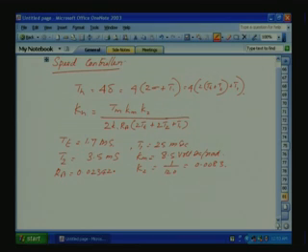Okay. Now, what is the filter gain K1? And we know that the base speed RPM is 500 RPM. For 500 RPM, let us make it in radians per second, that will be 52.3 radians per second.